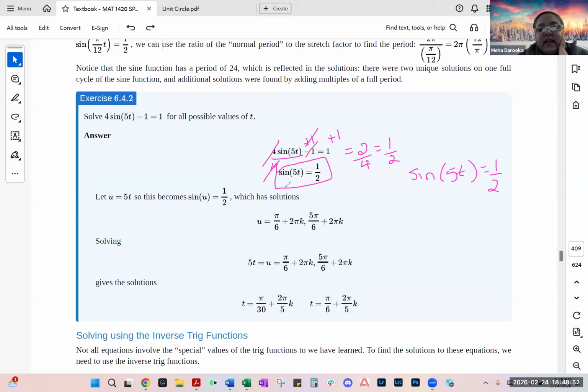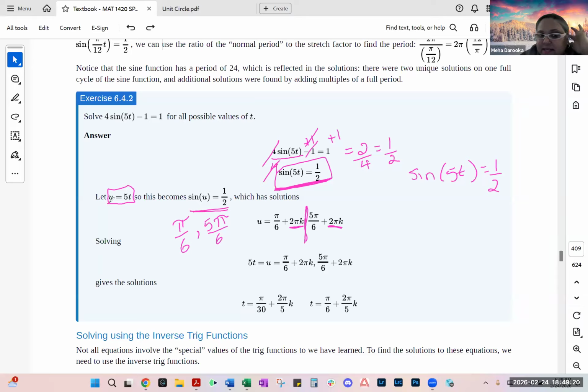So we'll notice again that we went back to sine of 5t being equal to 1/2. We know the sine function is 1/2 at these two angles, pi over 6 and 5 pi over 6. We know the original sine function has a period of 2 pi, so you can see we add 2 pi k to both of these angles. Now we are going back to using the u substitution.